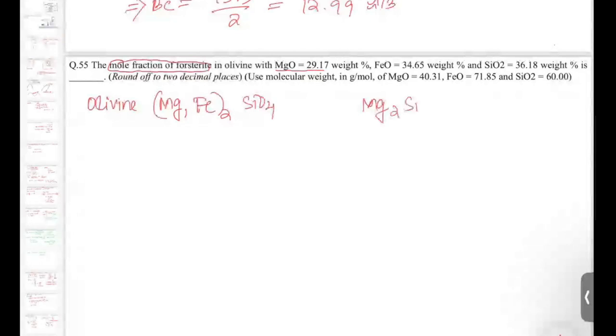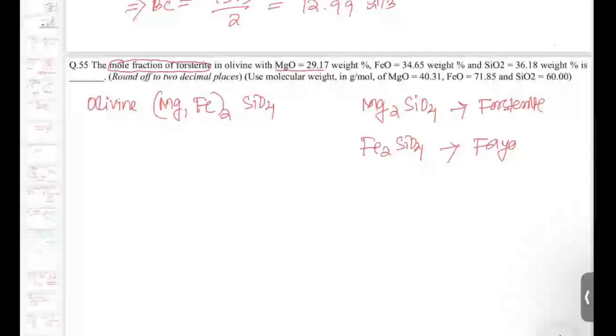So if you see the formula of olivine, there are two end members, like there is the magnesium end member Mg2SiO4, and there is the iron end member. So this is forsterite and this is fayalite.